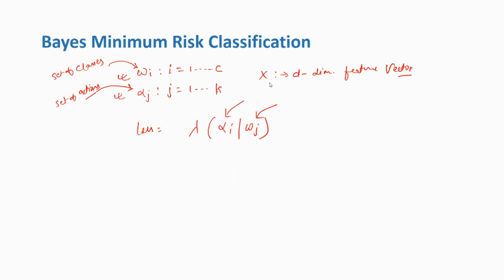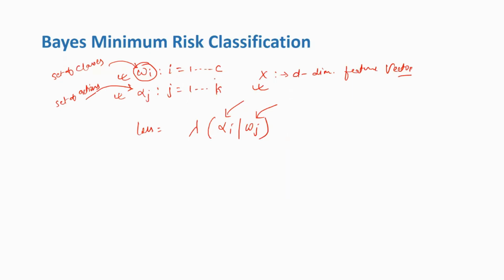When a feature vector x is given to you, what we try to do is predict which class this x belongs to, that is, which class in omega i it belongs to. That's what we used to do.